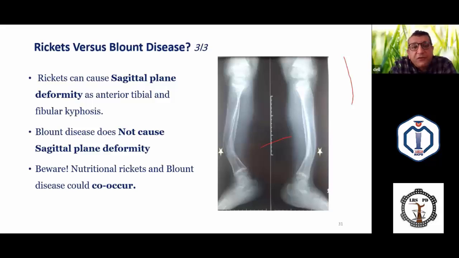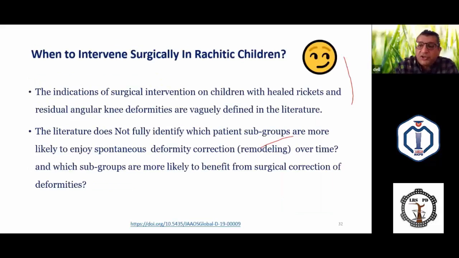The most important piece of information in differentiating between rickets and Blount disease is that nutritional rickets and infantile Blount disease can co-occur, and it is usually not a rare encounter to find both deformities in the same patient. So you have to be aware that you might be treating these two pathologies.